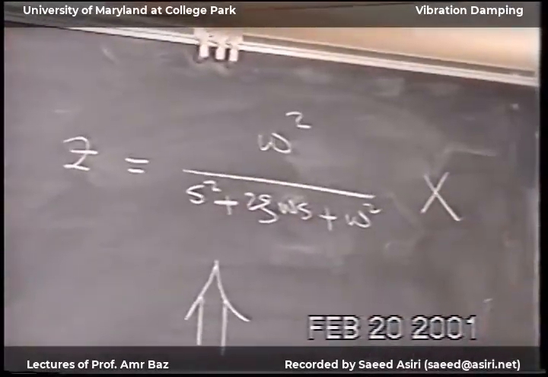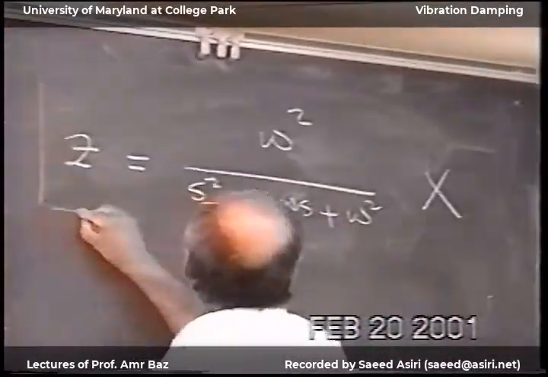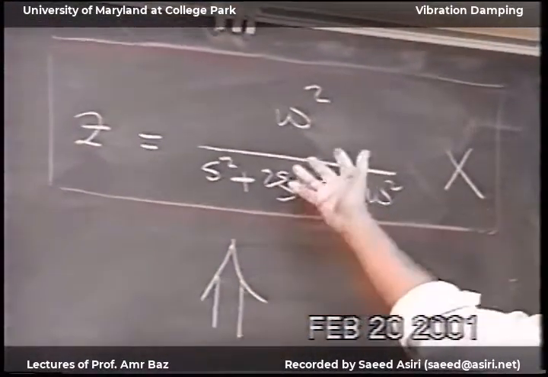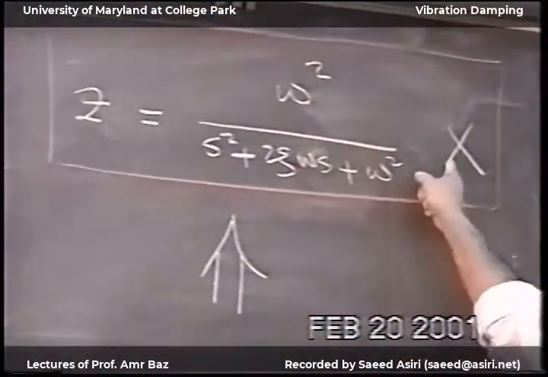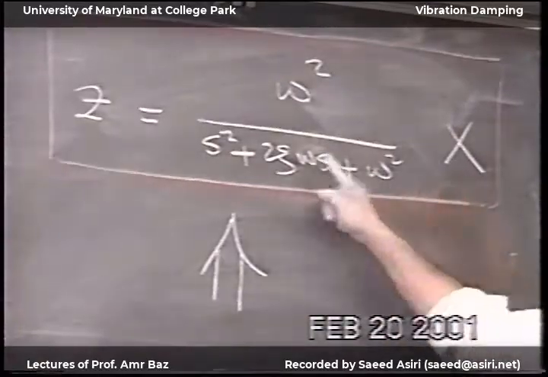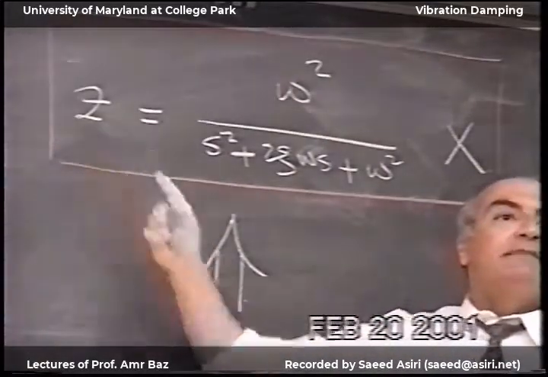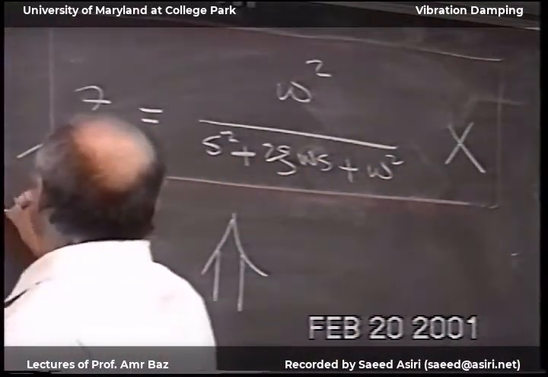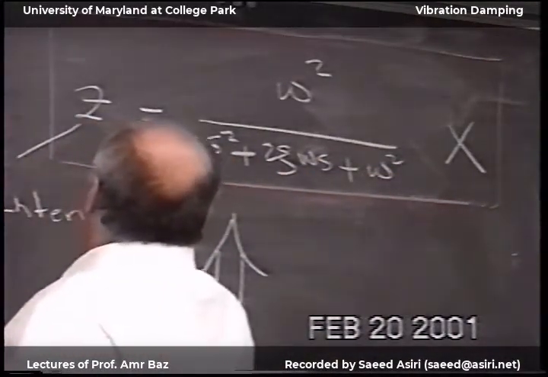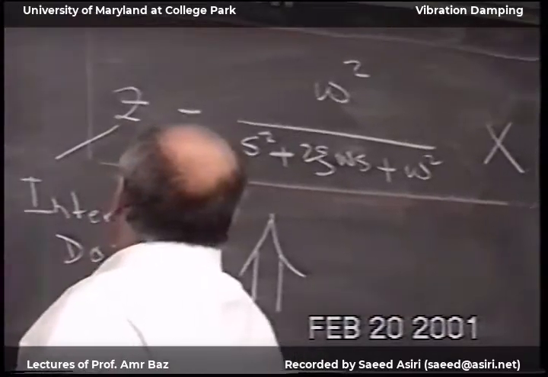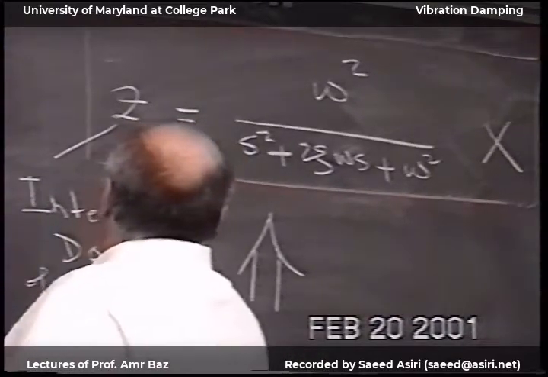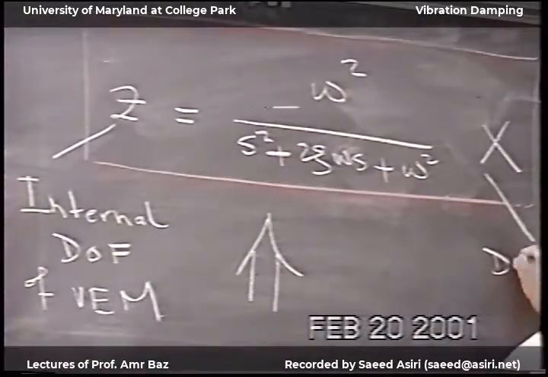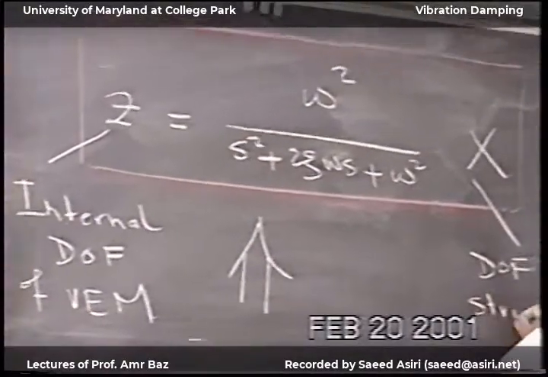And this equation, if you remember from last lecture, is the transformation equation that relates the degrees of freedom of the structure with the internal degrees of freedom of the viscoelastic material. And this is the degrees of freedom of structure.